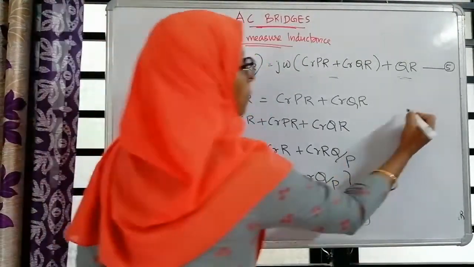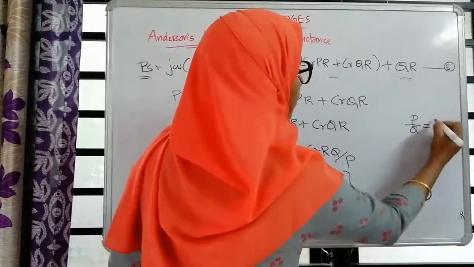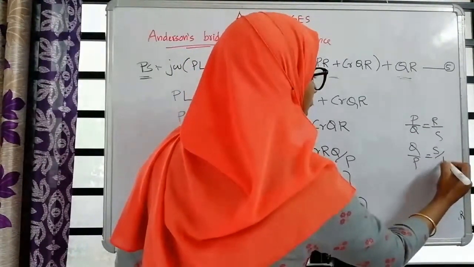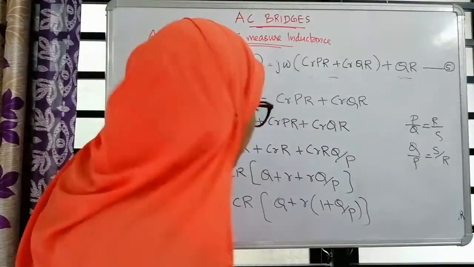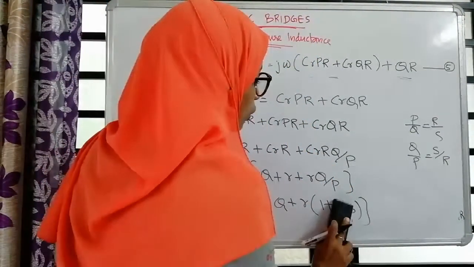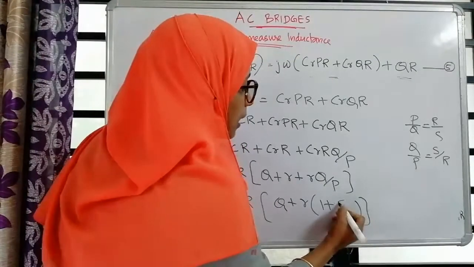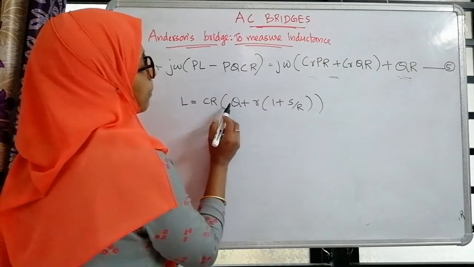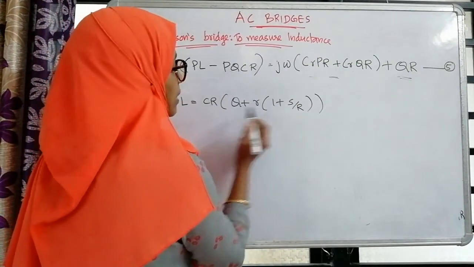And we know P by Q is equal to R by S, which implies Q by P is equal to S by R. So that we can rearrange it as Q by P is equal to S by R. L is equal to CR into (Q plus R) into (1 plus S by R).